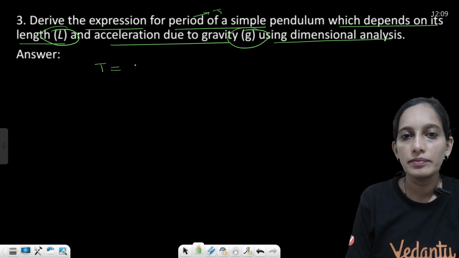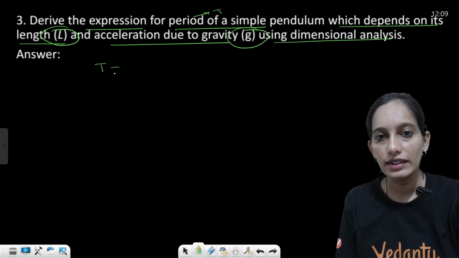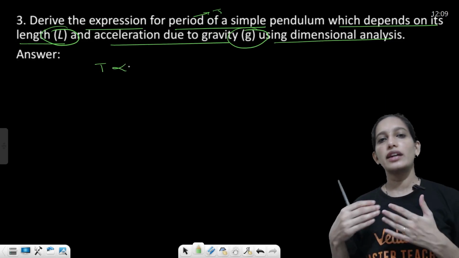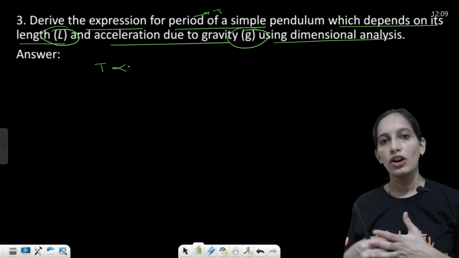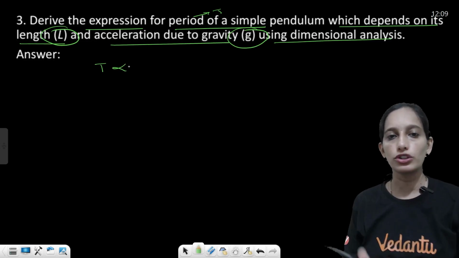is equal to, or first we'll take proportionality. Right now we don't know on what powers of L and g the time period is going to depend, so that's why we put a proportionality symbol there.